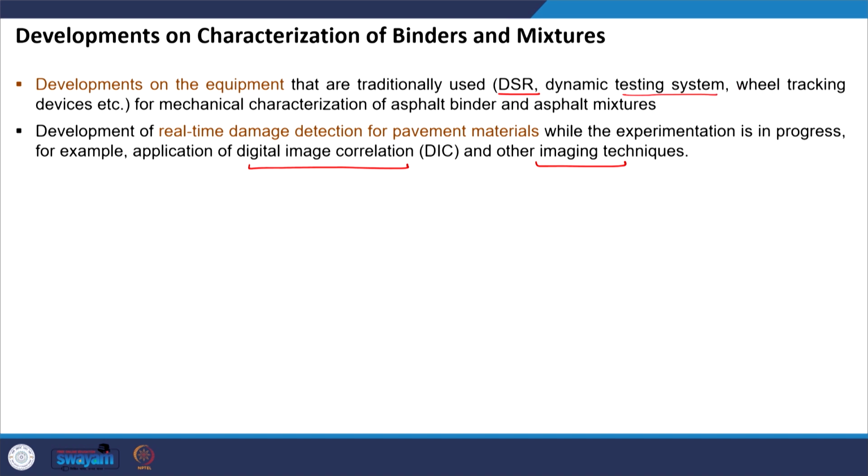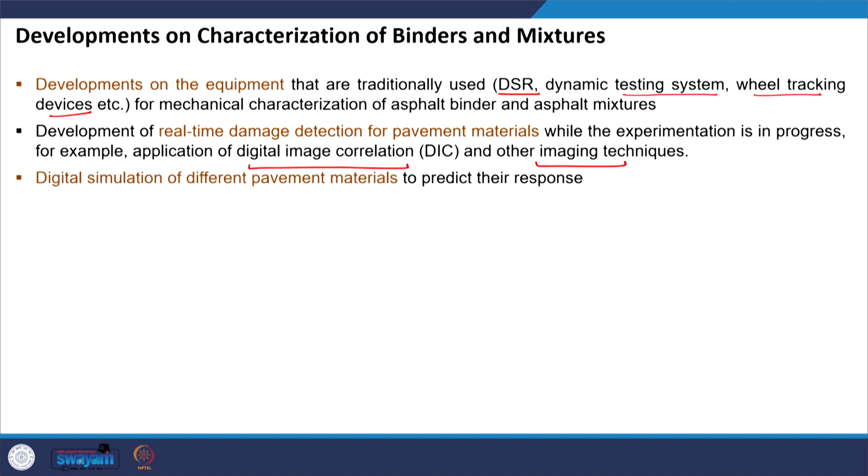For example, we have a servo hydraulic dynamic testing system, we have servo pneumatic dynamic testing system, which can be operated at varying frequency, in varying load configuration. We can apply compressive stresses, we can apply tensile and flexural stresses, and so on. We have wheel tracking device, for example, to study about the permanent deformation characteristics of the asphalt mixtures as well.